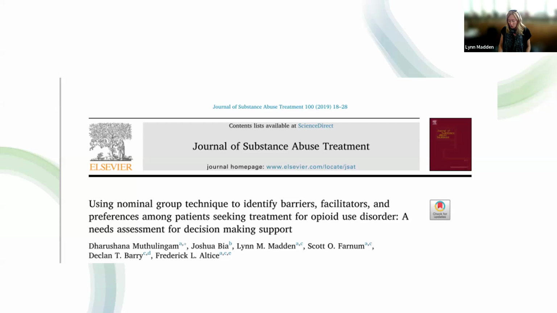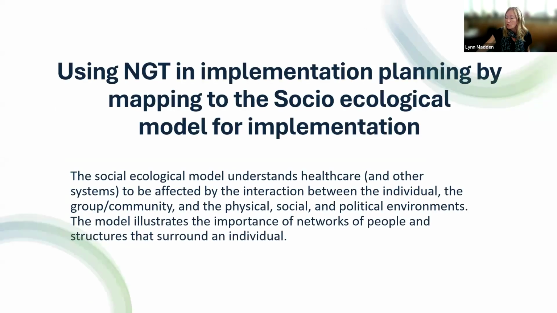And then I have one more example I just want to share quickly that moves into implementation science just a little bit more. So using NGT and implementation planning, here's an example I'm going to share with you where we actually mapped these NGT results to the socio-ecological model for implementation, right?